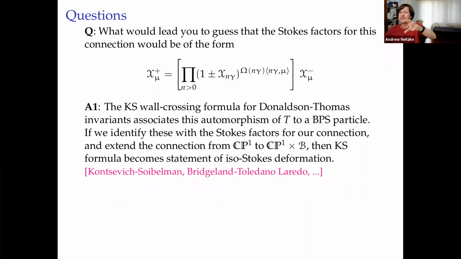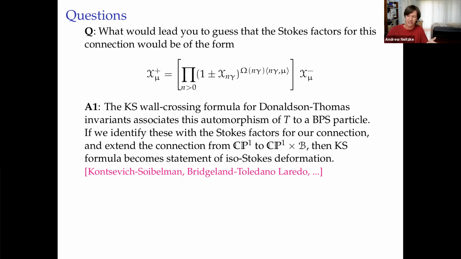And then if you look at the connections restricted to just CP1 at different points of B, the fact that they all fit together into a single flat connection means that the Stokes factors have to be related to each other by this isostokes deformation. It's kind of the irregular singularity version of isomonodromy, saying that the monodromy is invariant. And if you look at it in that way, the isostokes deformation gives you some constraint on how these numbers omega of gamma can change.